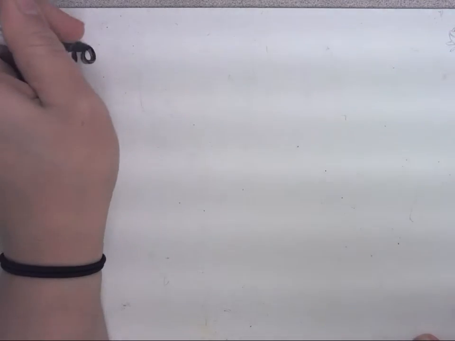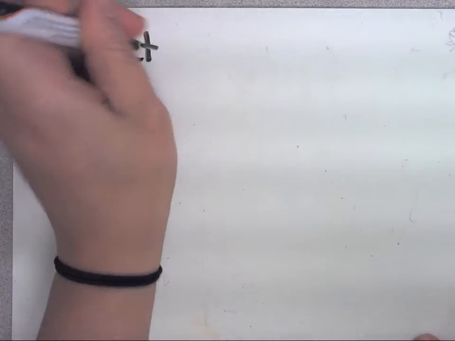The first property we're going to talk about is called the product property of square roots.